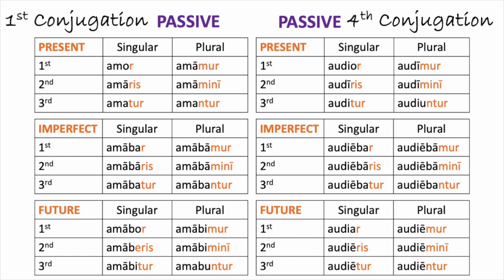But notice, as we look down at the future, for first conjugation and second conjugation you use that -bor, -beris, -bitur with the bi. But for fourth conjugation, you're going to use that a and then long e for all the other persons and numbers.